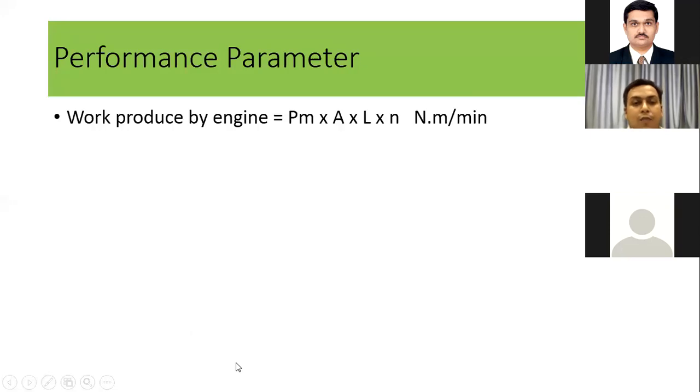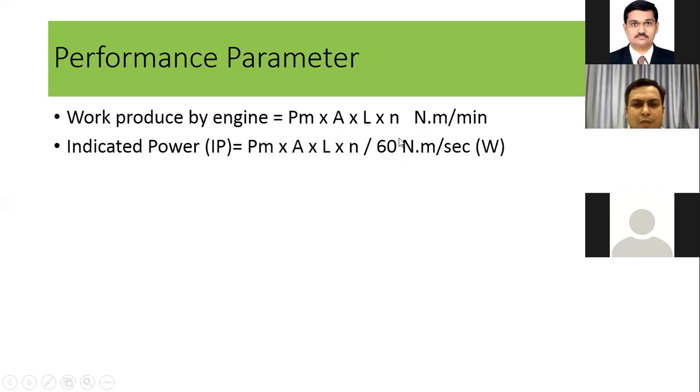Our final formula for the work produced by the engine equals Pm A L n, in newton-meter per minute, which is joule per minute. Now we divide it by 60 to get newton-meter per second, which is watt. Further, we divide it by a thousand, so our unit becomes kilowatt.